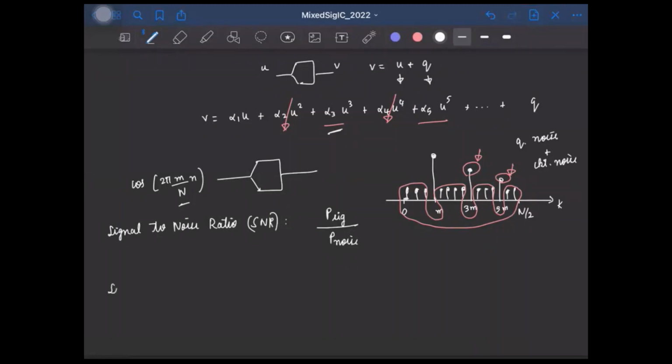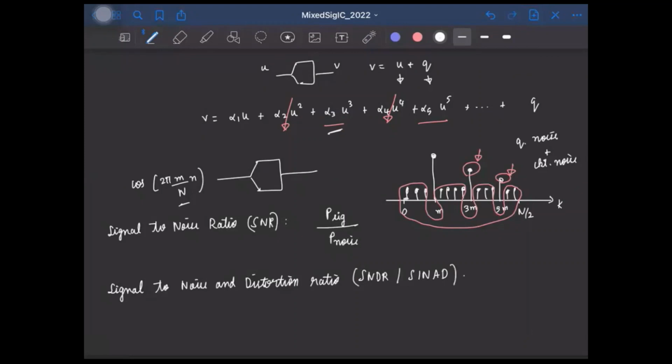The other measure to characterize the linearity of the ADC is the signal to noise and distortion ratio, abbreviated as SNDR or sometimes as SINAD.